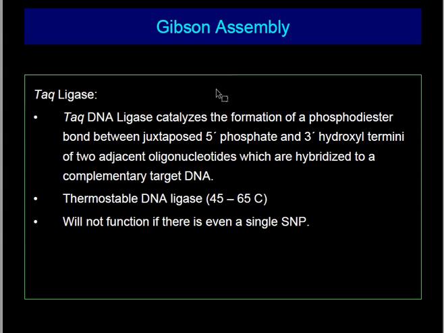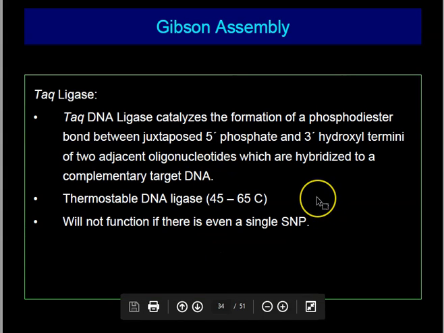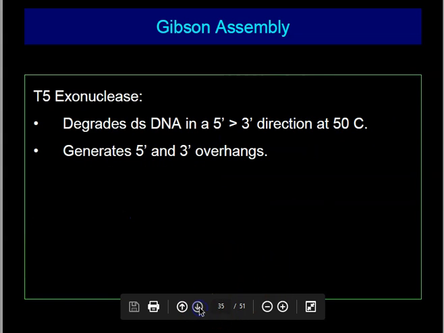However, conventional DNA ligases are not thermostable. They will only function at low temperatures. Taq ligase is unique because it has been derived from Thermus aquaticus, which is a thermophile. And you have the T5 exonuclease.